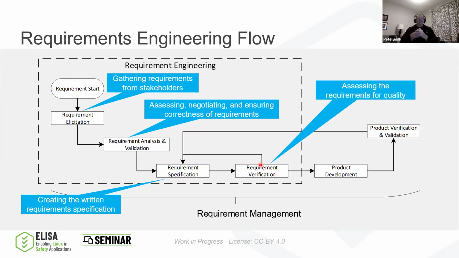And then we assess the requirements for quality. So as part of the review, this verification here, this is one of the methodologies. We have the criteria that we can use to evaluate the requirements and decide whether or not what we've written is good enough. And if it is good enough, then one, it's satisfied all of the quality criteria that we have for the requirements themselves.